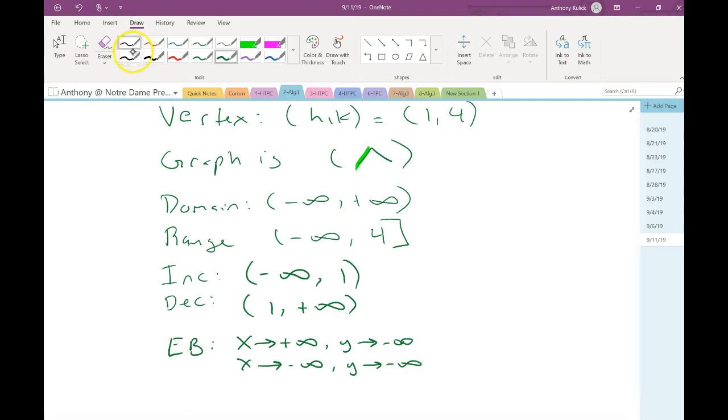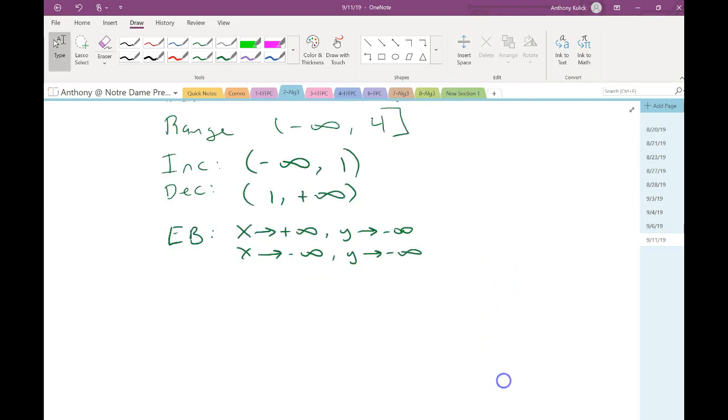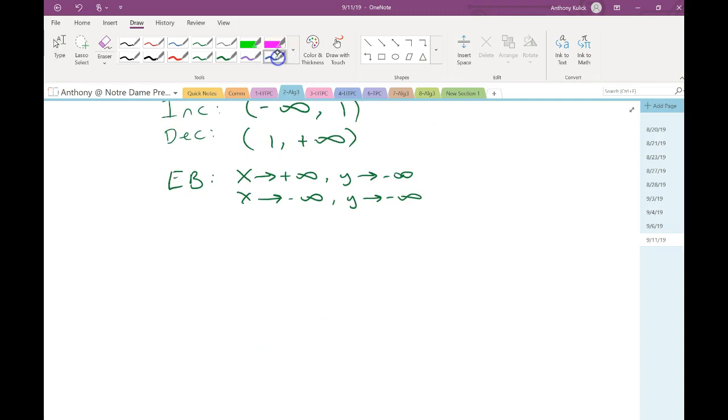So look at all this information we were able to wring out of the equation just by knowing what we know about how the transformations of functions behave. We did all of this just by knowing how to find the values of a, h, and k. Now, if we wanted to still, we could certainly graph this.